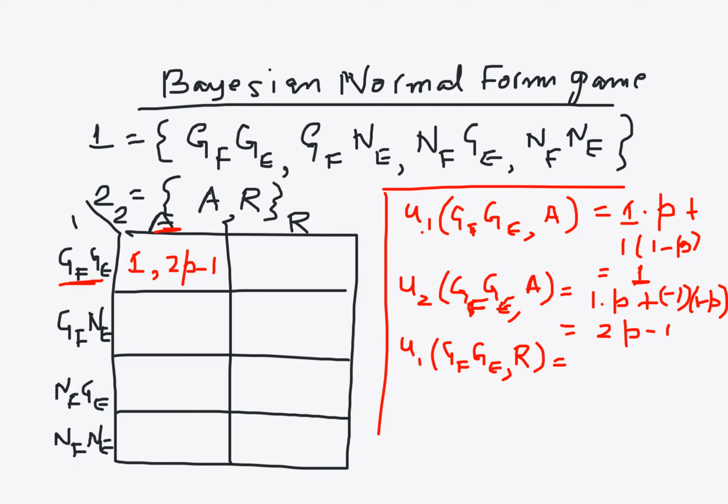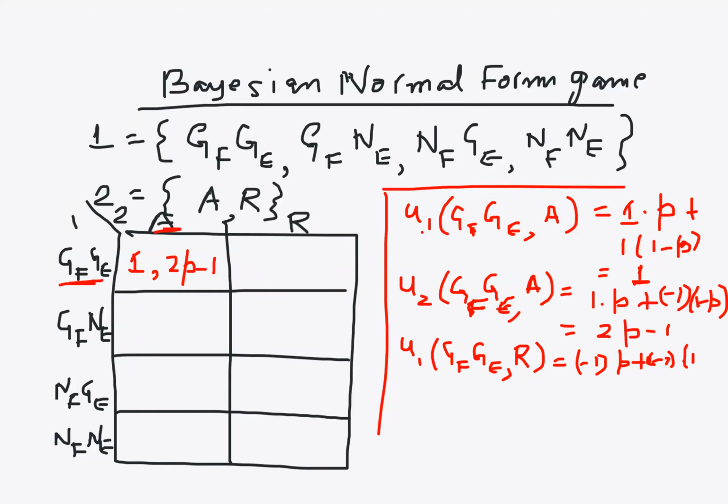So -1, and probability of player 1 being friend type is P, so -1 times P, plus again -1, because if player 1 is the enemy type, gives gift, and player 2 rejects, he still gets -1 times 1 minus P, right?